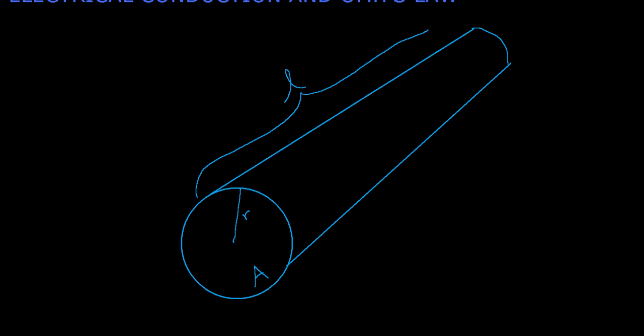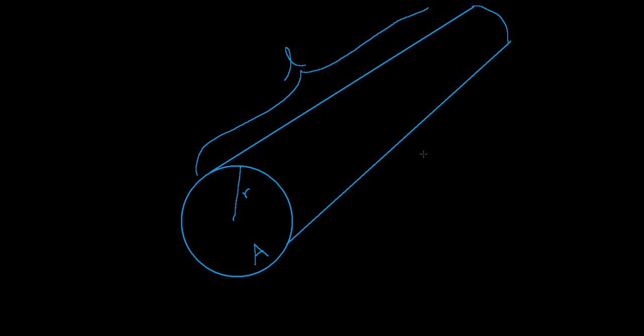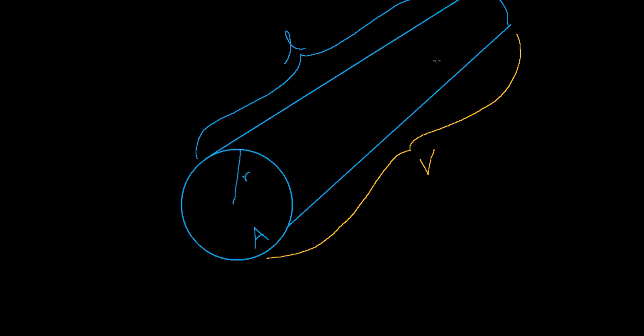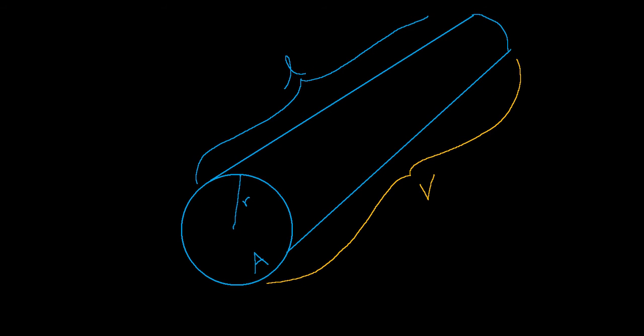and let's imagine that there is a constant voltage difference between these 2 points. So from this point to this point, we have a constant voltage or potential difference V. And what happens inside this conductor? Electrons flow inside this conductor and make up a current.